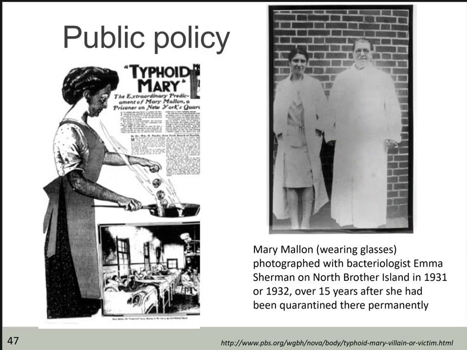And this is at the site where Mary Mallon was quarantined. She had to live in the hospital. She wasn't allowed to go back home. And this is to stop the spread of this particular disease. And here you can see she was there for over 15 years after she'd been quarantined there permanently.